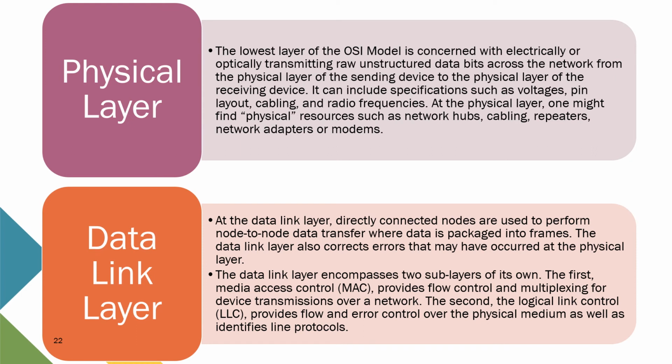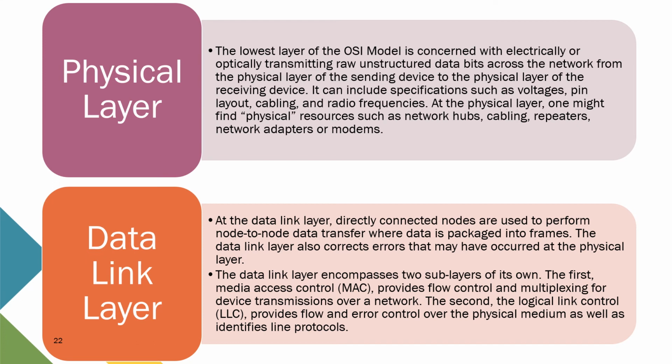The second one is the data link layer. This one directly connects nodes and is used to perform node-to-node data transfer. So it is concerned with transferring data from one node to another. The data will be transmitted, packaged into frames. It can also correct errors that may have occurred at the physical layer.